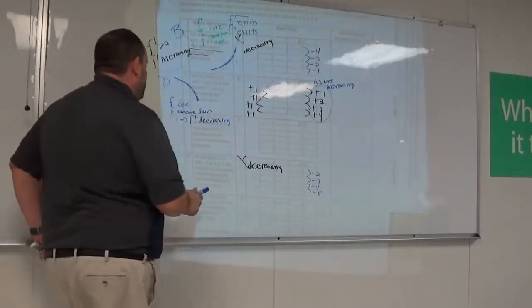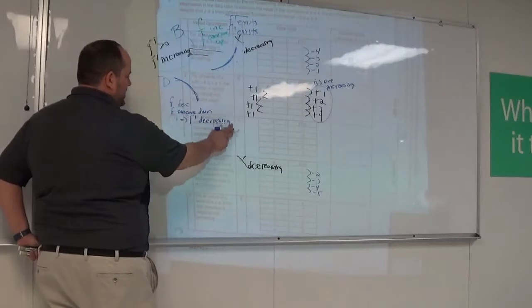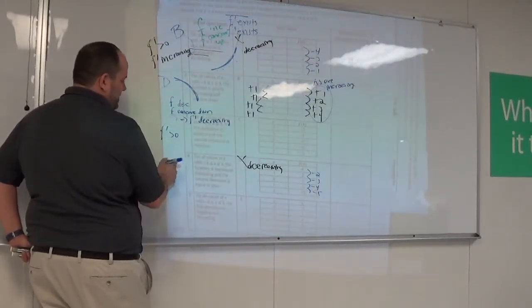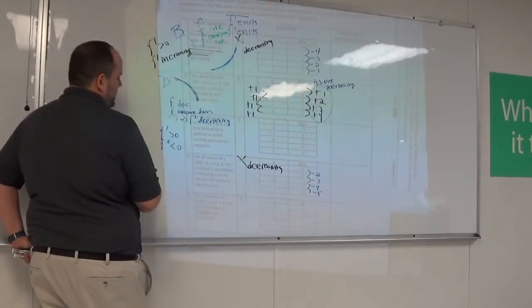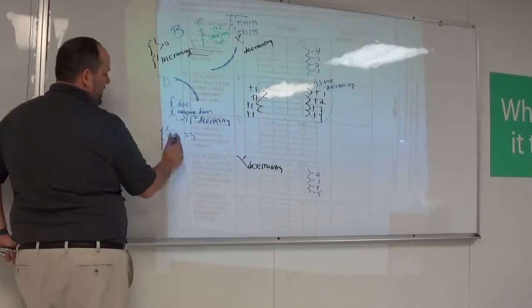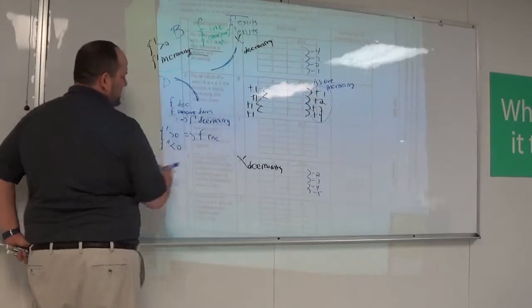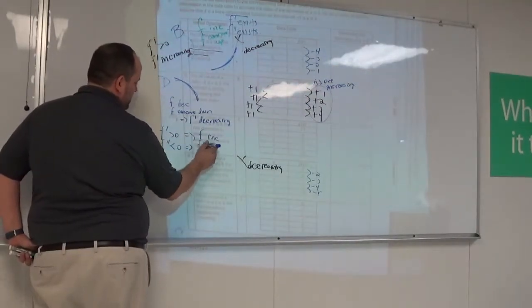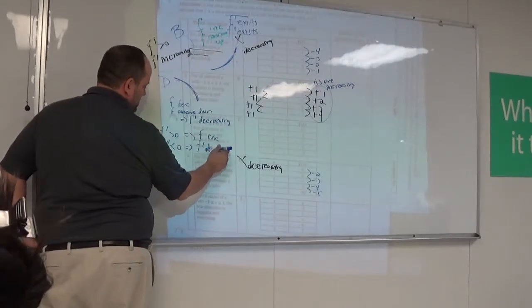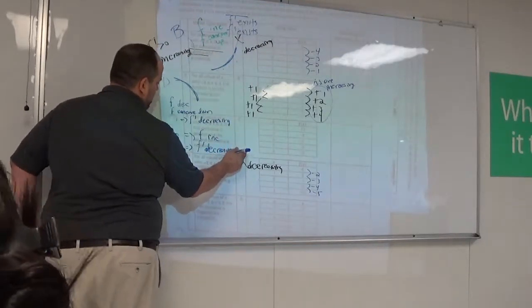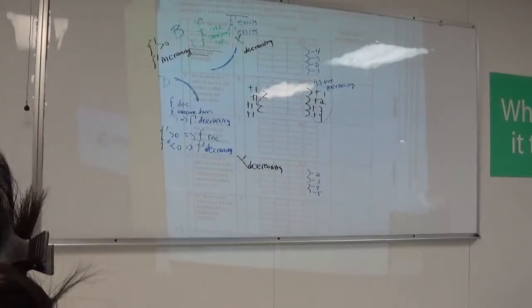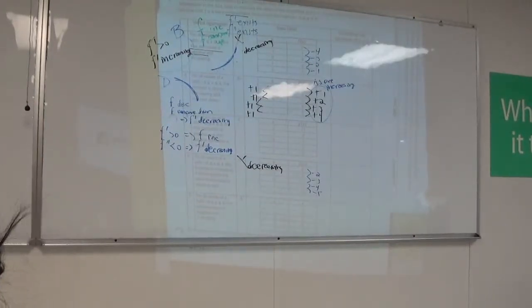Okay, number 3, for all values of x on the interval -2 to 2, the first derivative is positive. F prime positive, second derivative negative. If f prime is positive, I need f to be increasing. F double prime negative means f prime is decreasing. I need y values to increase, but the changes to decrease.